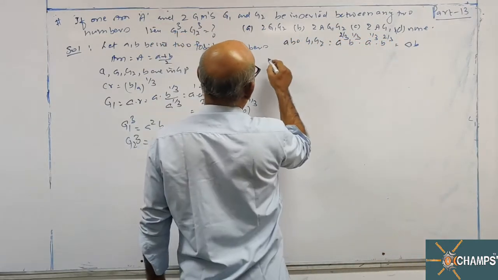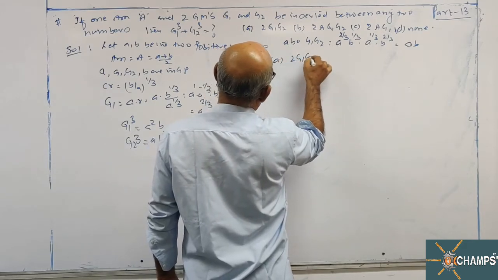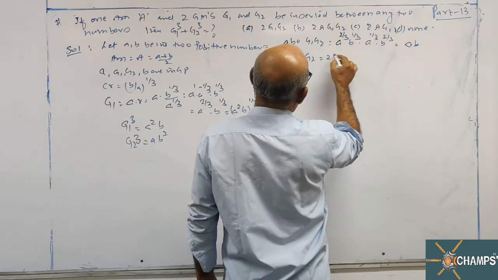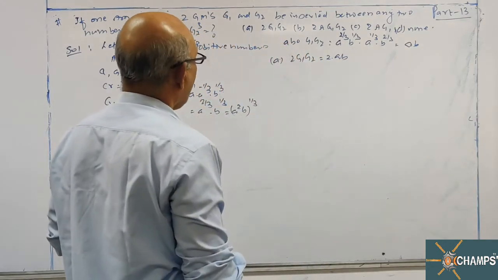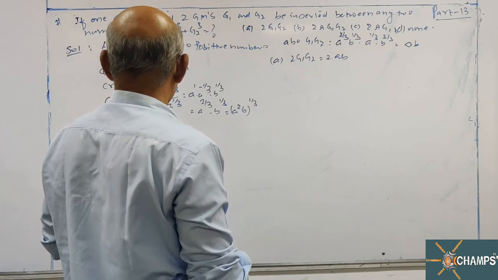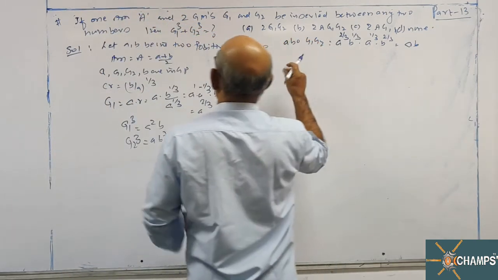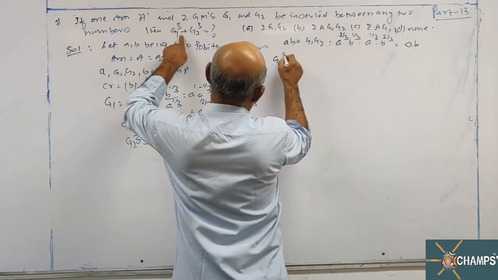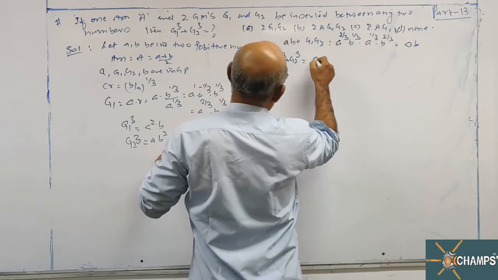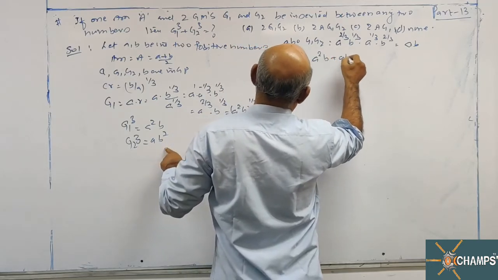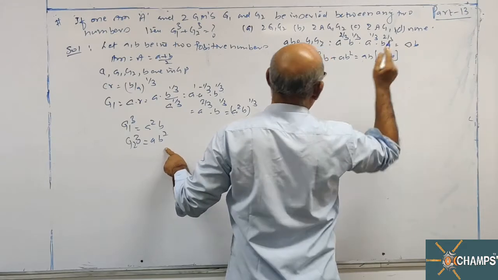Now from options I am moving. Option A, 2 into G1 G2. 2 times G1 G2 is 2ab. Okay, sorry. G1 cube plus G2 cube is a square b plus ab square, which is ab into (a plus b).